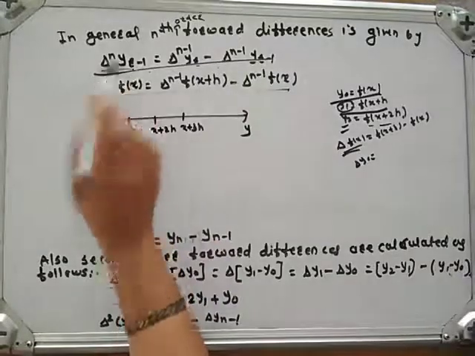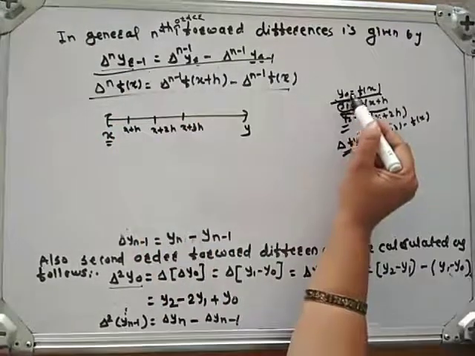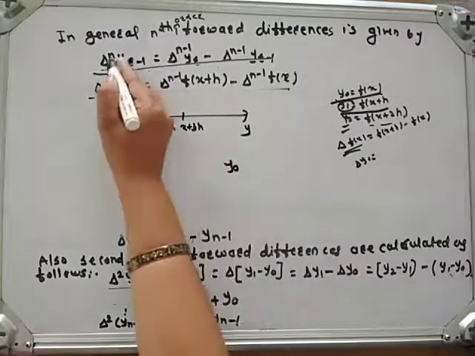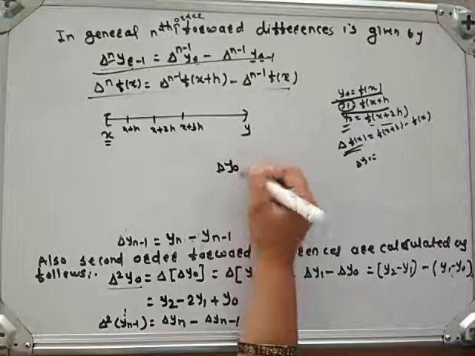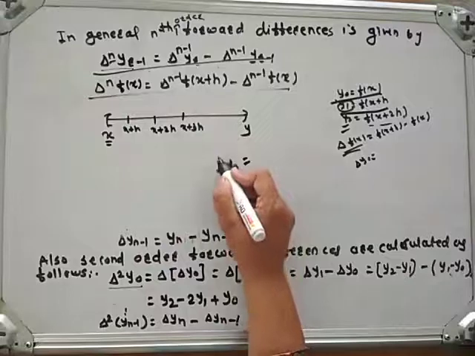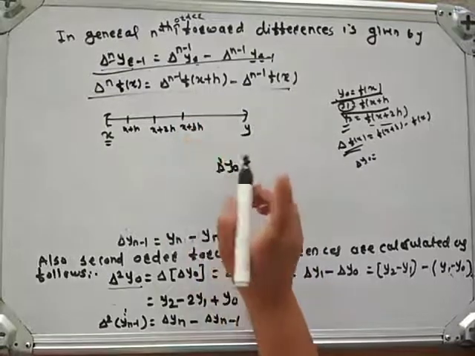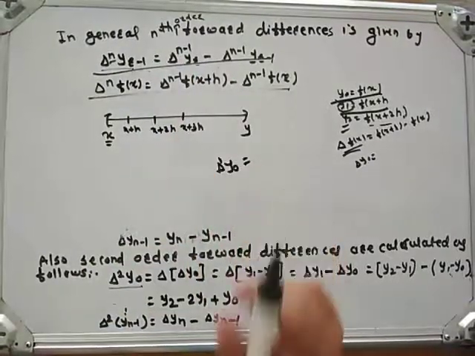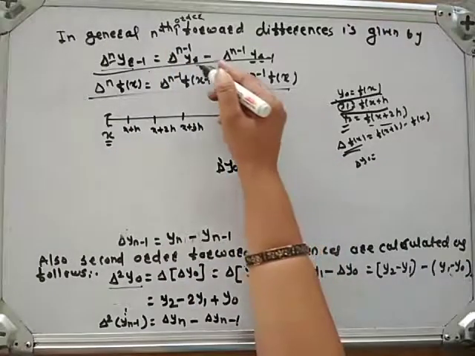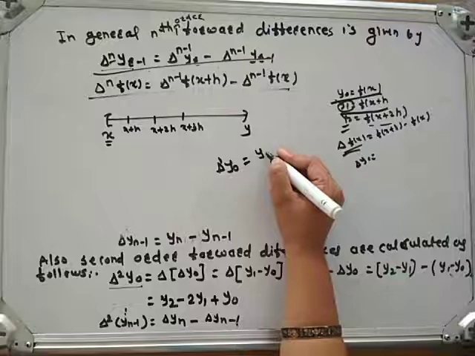Suppose here your r minus 1 is 0, y0, and if you take n is equal to 1, then you have to calculate delta y0. Here n is 1, 1 minus 1 is obviously 0, and anything raised to 0 is 1, therefore delta raised to 0 is 1, which is equal to y r.